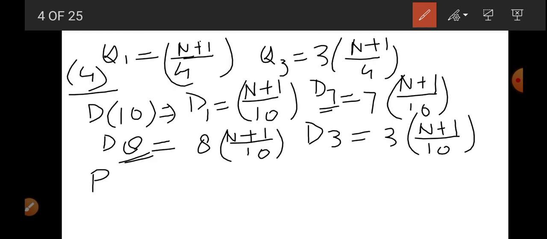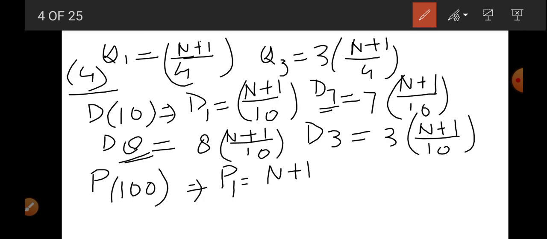Then percentile. Okay students, percentile divides the series into 100 equal parts. If we calculate P1, it will be (n+1)/100. This is the basic equation.